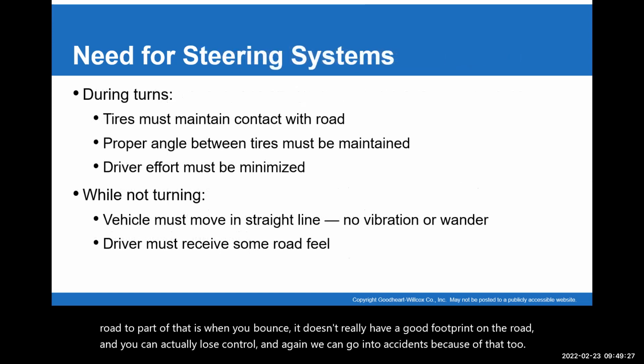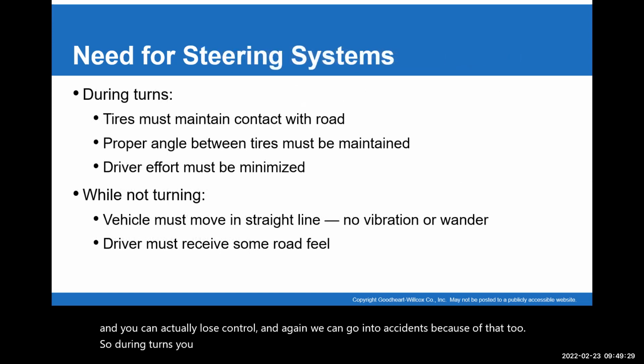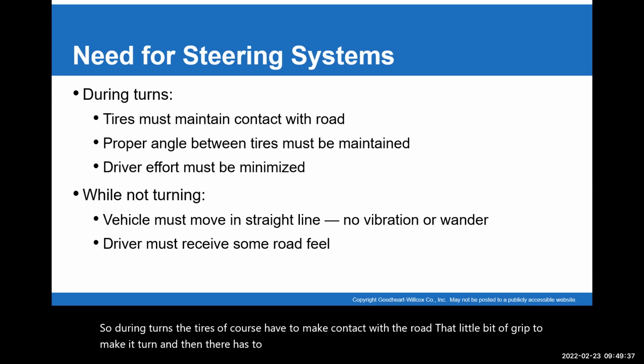So during turns, the tires, of course, have to make contact with the road, that little bit of grip to make it turn. And then there has to be a proper angle for the tires to actually make that contact.